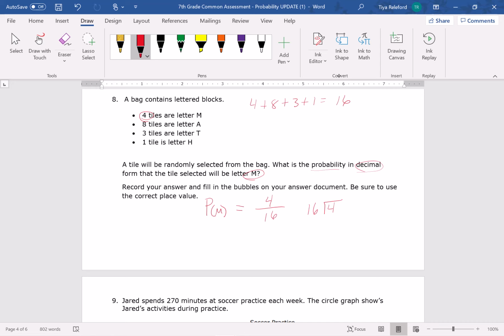So 4 goes in the box, and the decimal is right behind 4. So 16 goes into 4 0 times. 16 goes into 40 2 times. 2 times 16 is 32.